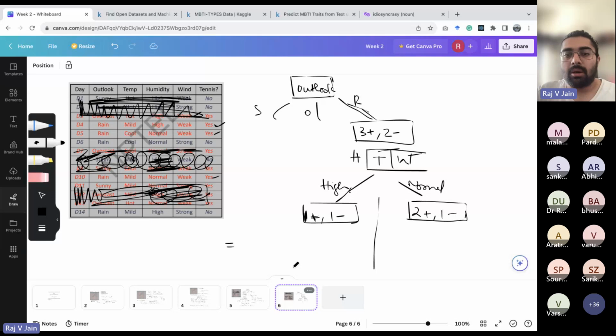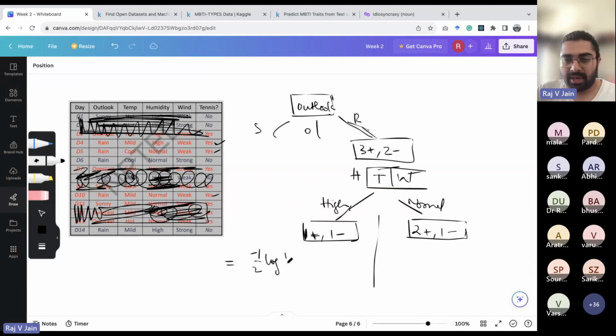So this will be minus 1 by 2 log 1 by 2 plus again minus 1 by 2 log 1 by 2, because I have one positive, one negative, total is 2. This is for the positive, this is for the negative, right? And this, as we saw just now, is 1. And for 2 plus and 1 negative, what would the formula come out to be here?